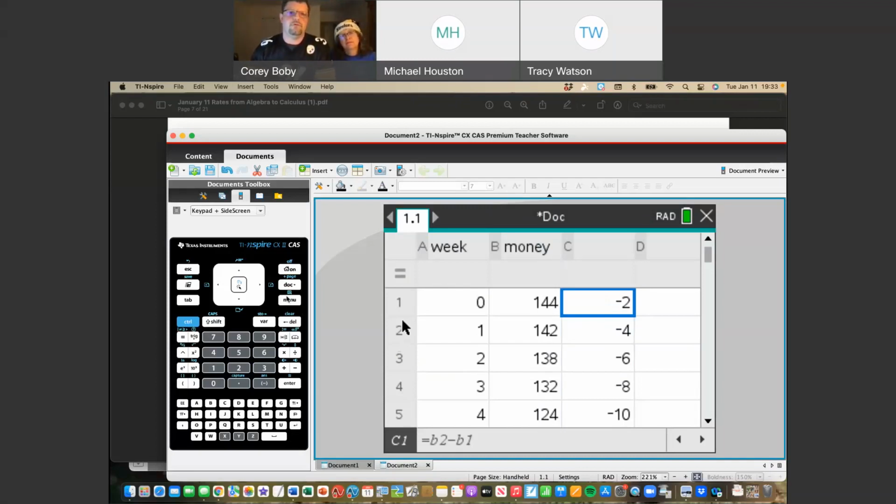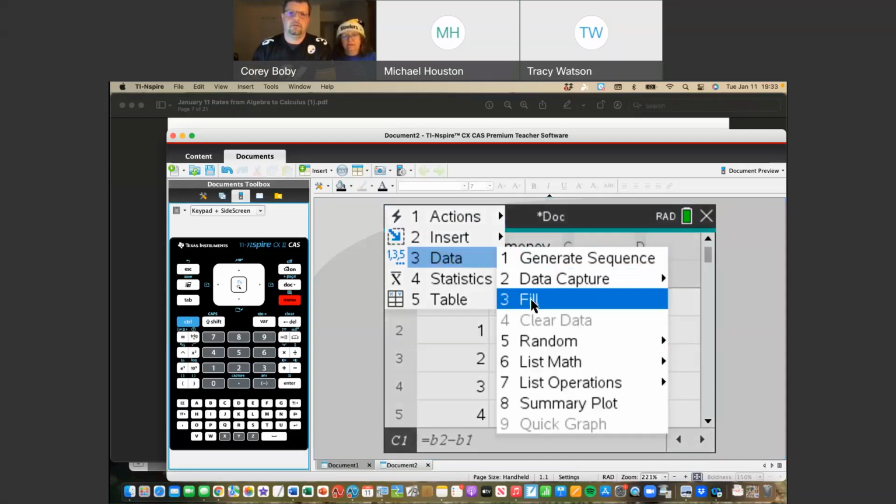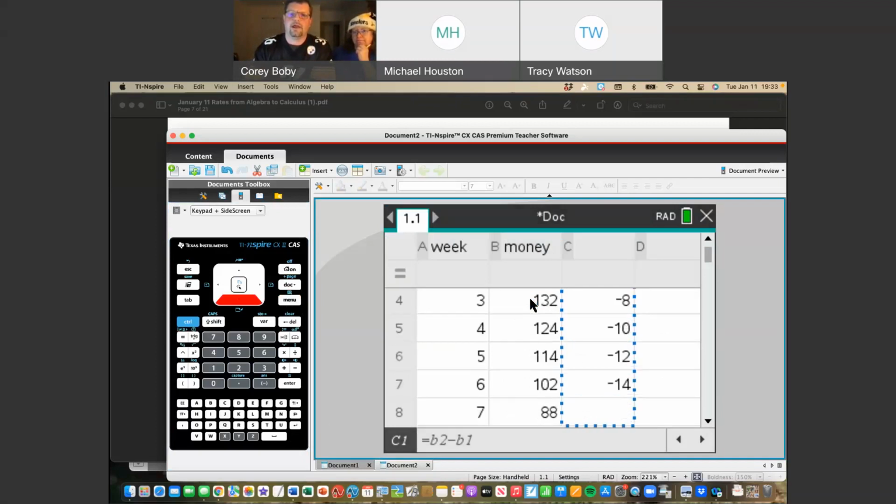But it's menu, data, fill. And I need to be on the first one. If you notice, as I drag down that little dotted line, it's going to drag the formula down and update it just like it would in Excel. And as soon as you hit enter, it pops all those values.